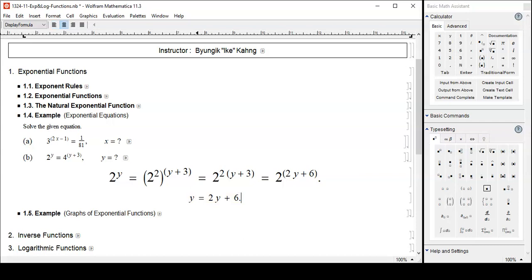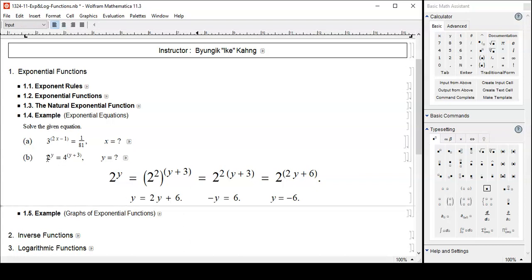And solving this equation, flip it to the other side, y minus 2y equals 6. y minus 2y, that's negative y. So y equals negative 6. Is that the answer?